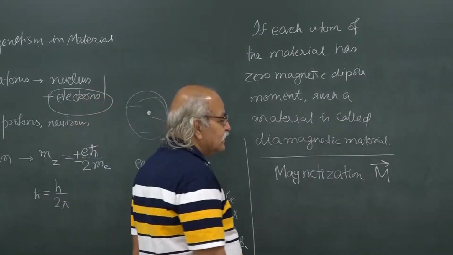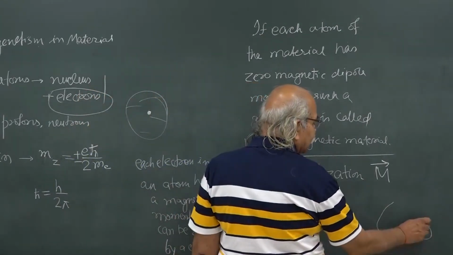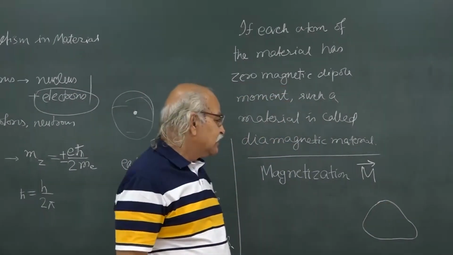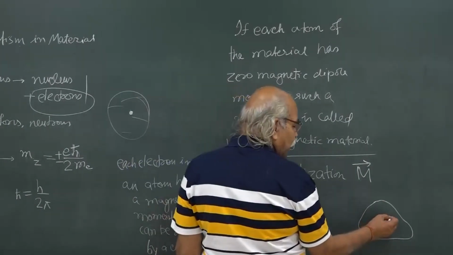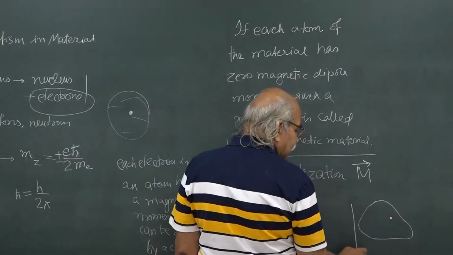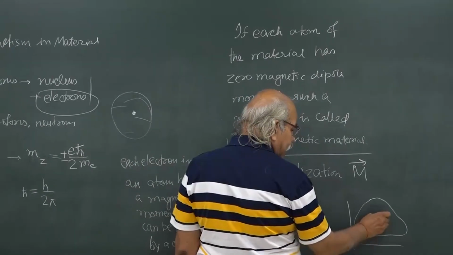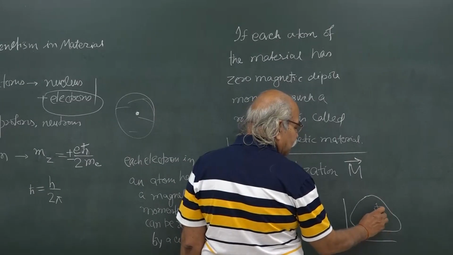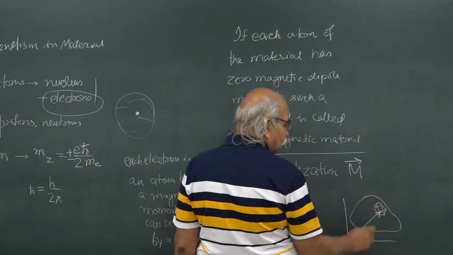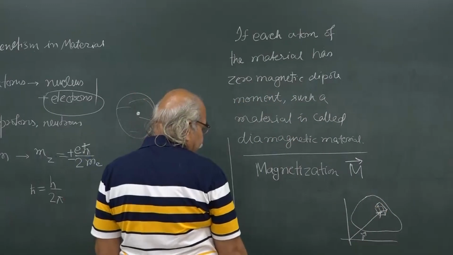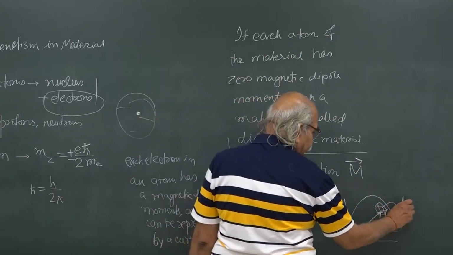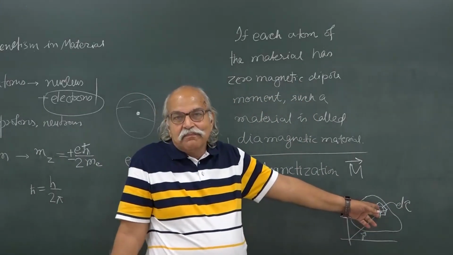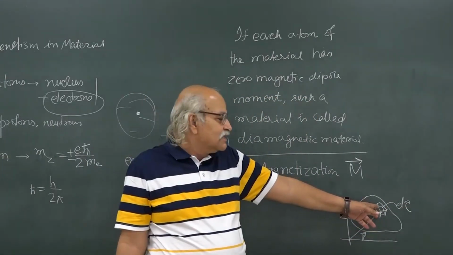You take the object, suppose this is that piece of material, and then you take some point in the material, and there you construct a small volume, d tau. This will contain a number of atoms, molecules.